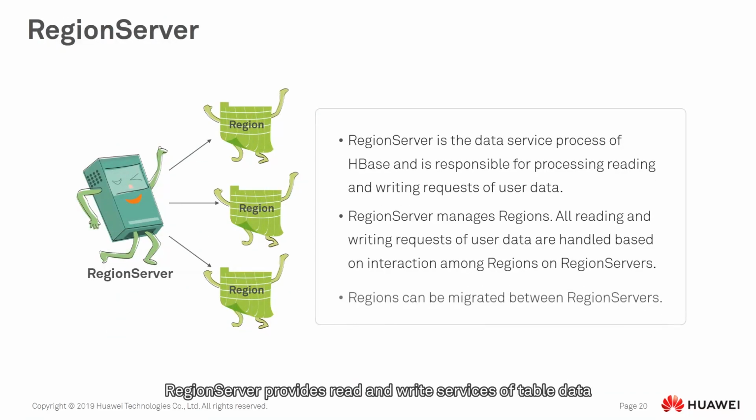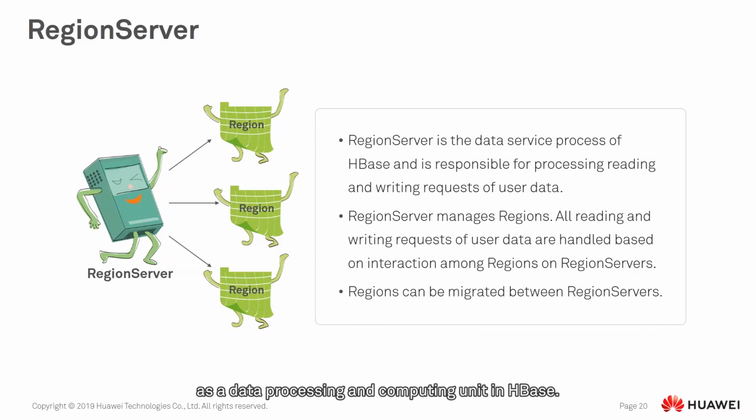Region server provides read-write services of table data as a data processing and computing unit in HBase. The region server is usually deployed with the data node of HDFS cluster to store data. All reading and writing requests of user data are handled based on interaction among regions on region servers, and regions can be migrated between region servers.